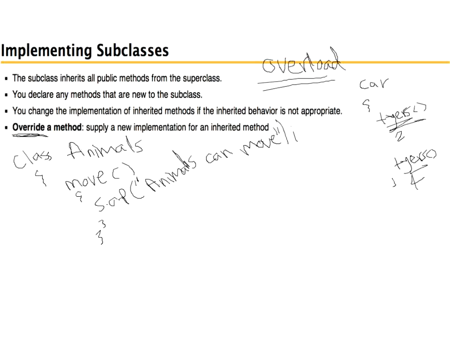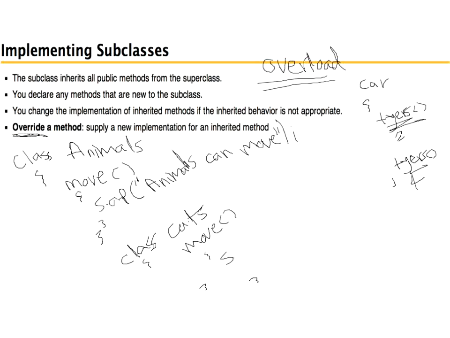Now, I open another class, which is a subclass to animals, so it inherits from animals, and call it class cats. Then we open another method, and we call it exactly the same name, move.